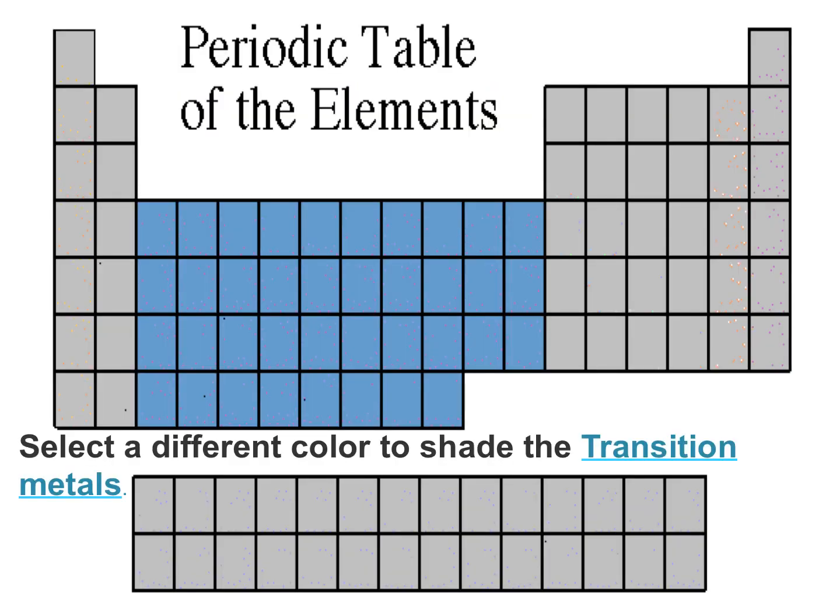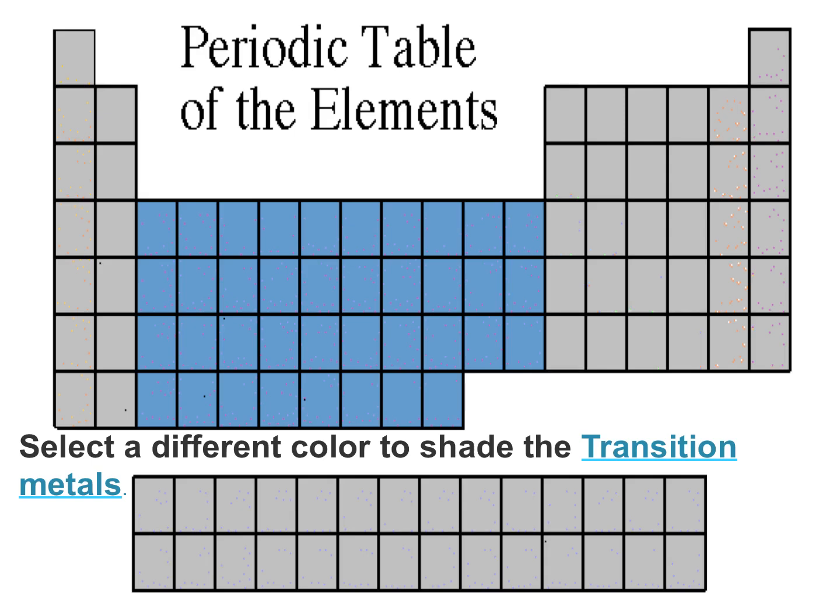This middle section of the periodic table, we call this the transition metals. That's where you're going to find metals that you're familiar with, like iron and nickel, silver and gold, zinc. Those are the less reactive metals that we use for coins, like copper and I mentioned gold.